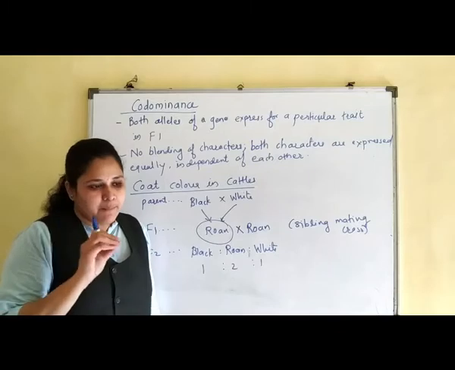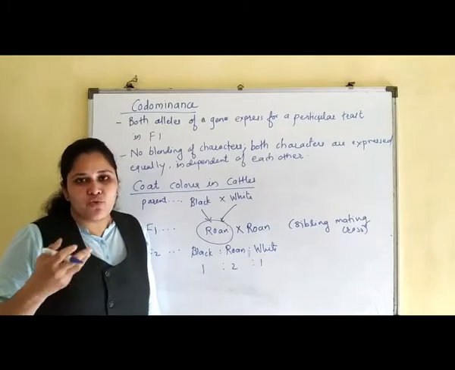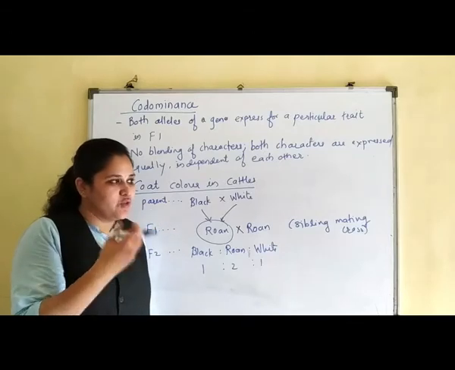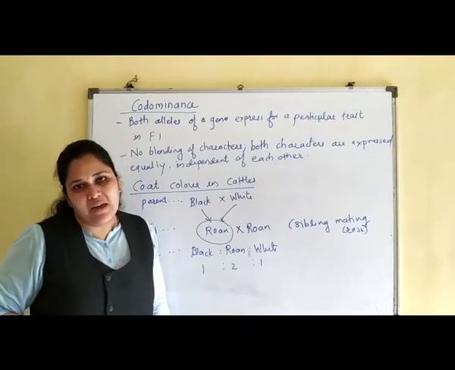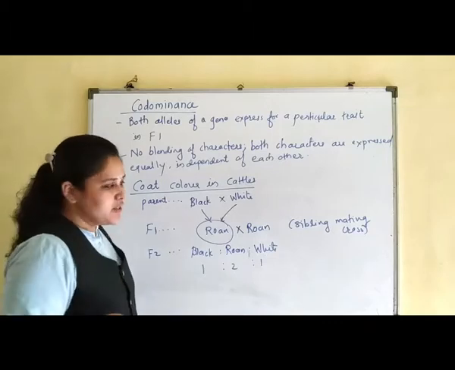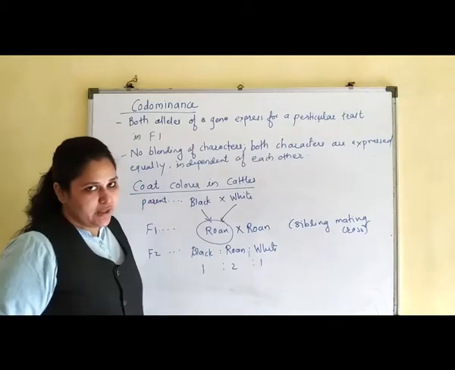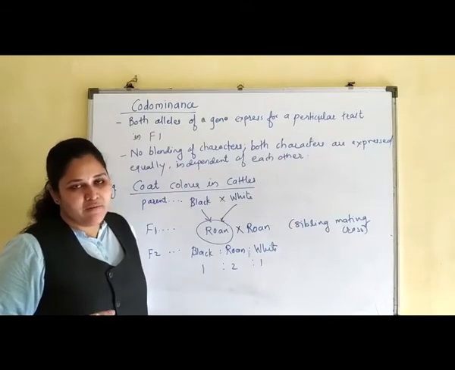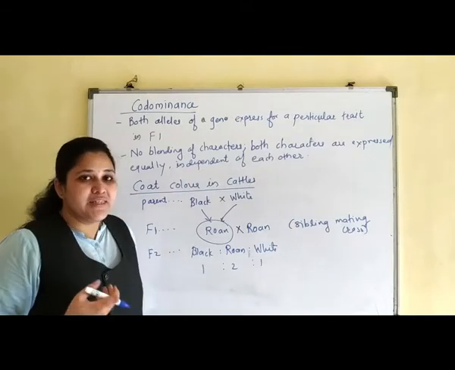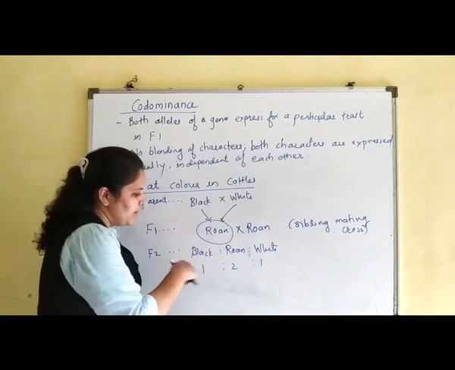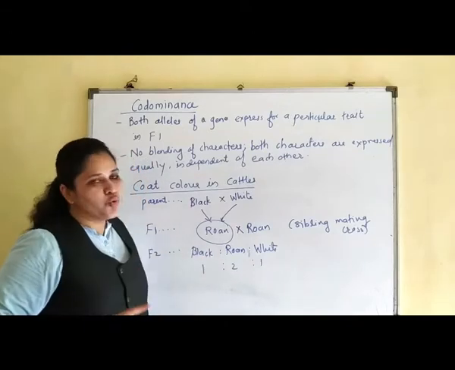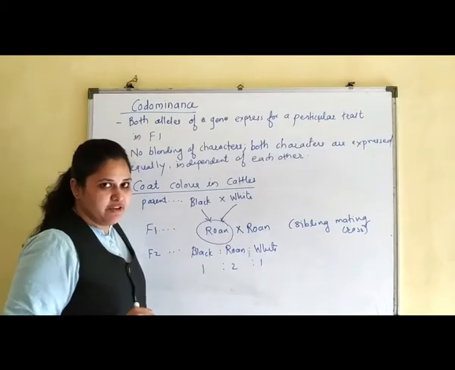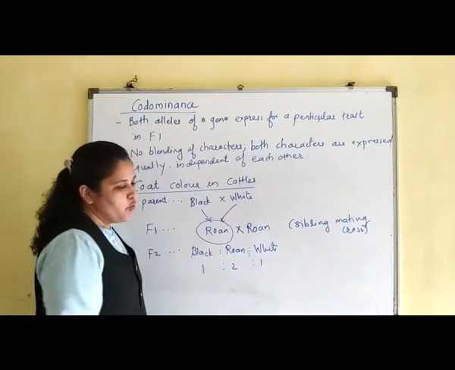You have seen such cattle where there are black and white colored patches. But black color and white are not mixed to form grey coloration. Some part of the skin has white hairs, some part has black hairs. So this patching is known as roan coloration. After selfing, or we don't use the word selfing for that, we use the word sibling mating, we get individuals in the ratio 1:2:1, that is roan 2 or 50% individuals will be roan, black and white.